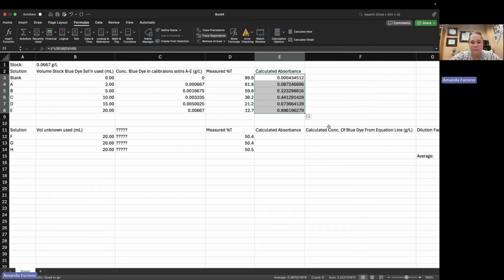A couple of things to keep in mind while we're doing this. You want to be aware of your significant figures. So our volume of the blue dye solution has 2 decimal points because we used volumetric pipettes, and those volumetric pipettes go to the hundredths place. Our stock solution has 3 significant figures, so that was what was given to us. So we need to assume that we can have 3 significant figures here.